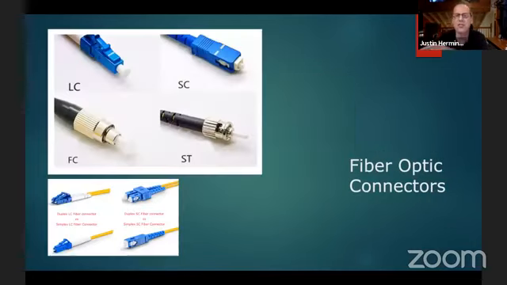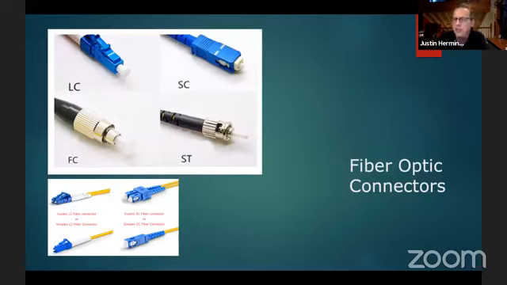Now, one of the downsides of fiber is just the number of connectors. I literally went through slides that had dozens of them, and I said, we're just not going to do this. The most common ones you're going to see are top left, the LC connector, top right, the SC connector. The LC is basically a latching connector.